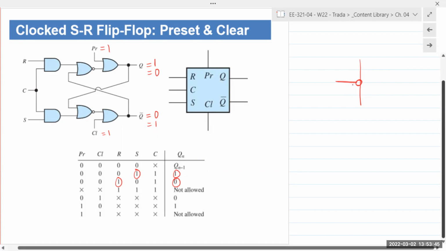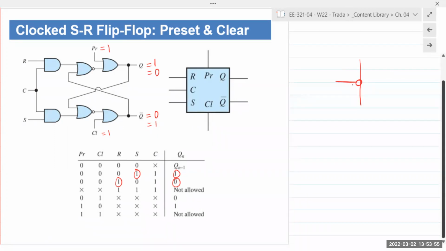So if there was a bubble here, we could state that when clear goes low, the clear is activated and the output goes low. If there was a bubble at the preset signal, you would say when the preset goes low, preset is activated and the output will go high.